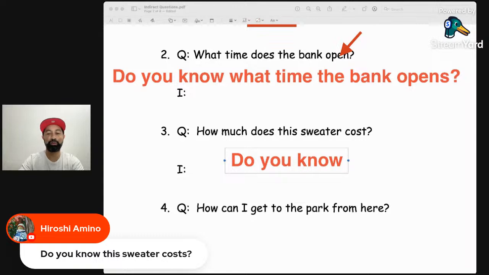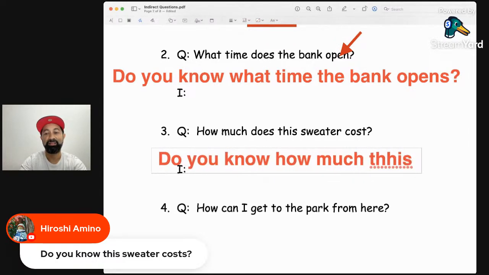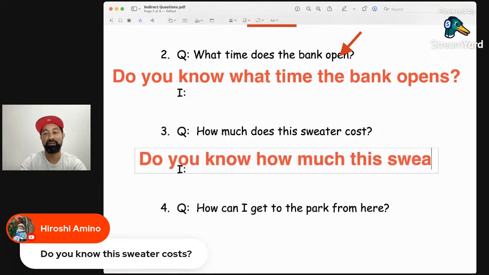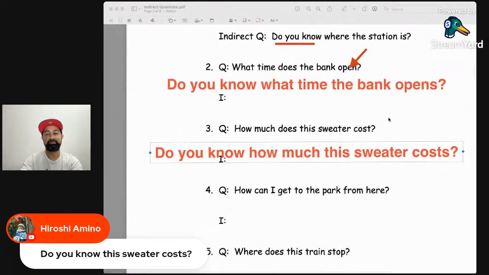We need to add that how much in there as well. Very, very close, Hiroshi. So, do you know how much? The rest is perfect, Hiroshi. Do you know how much this sweater costs? All right, so do you know how much this sweater costs?